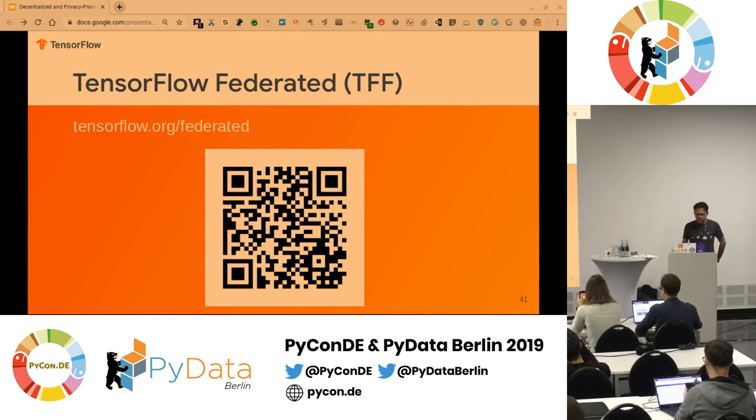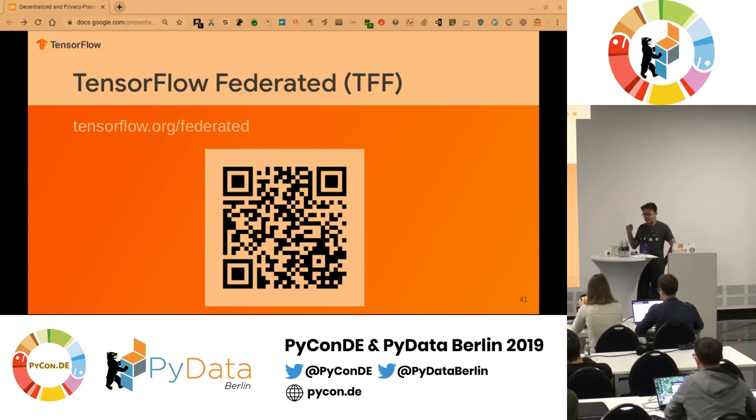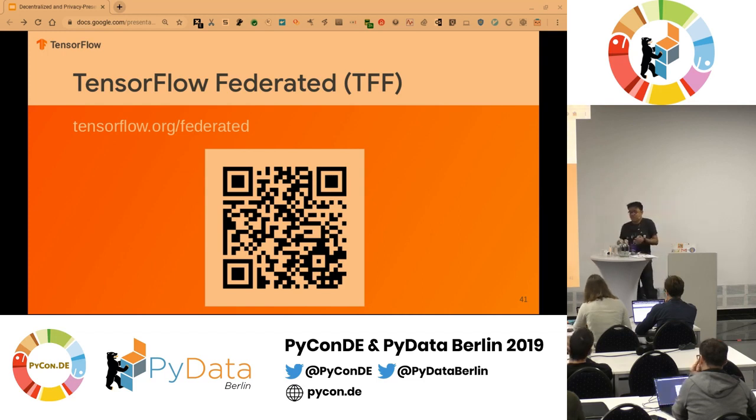There is a Colab, which I would suggest is the best way to run the tutorials. And there's also a link to the GitHub repo for the TensorFlow Federated code. I really encourage everyone to go take a look, read the code, file bugs, and contribute, right? Because we pretty strongly feel that there are a myriad of use cases that we do not know of, and we may never know of.